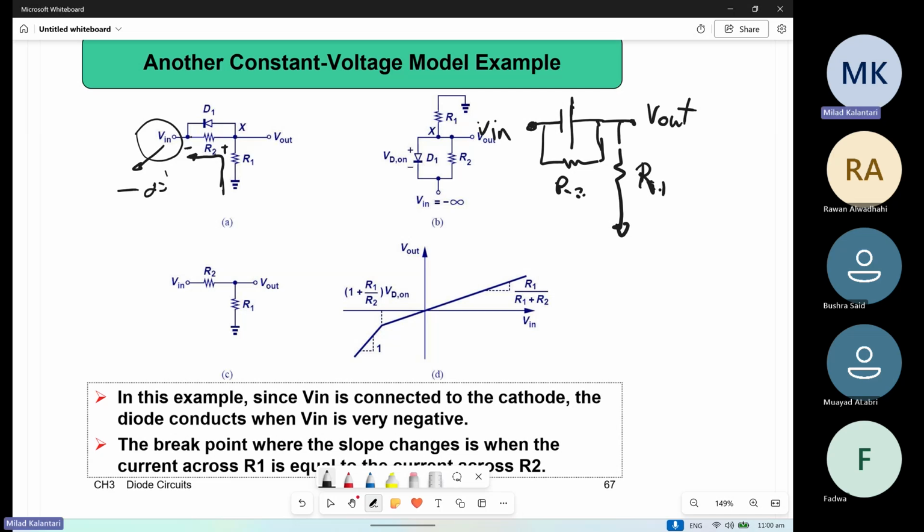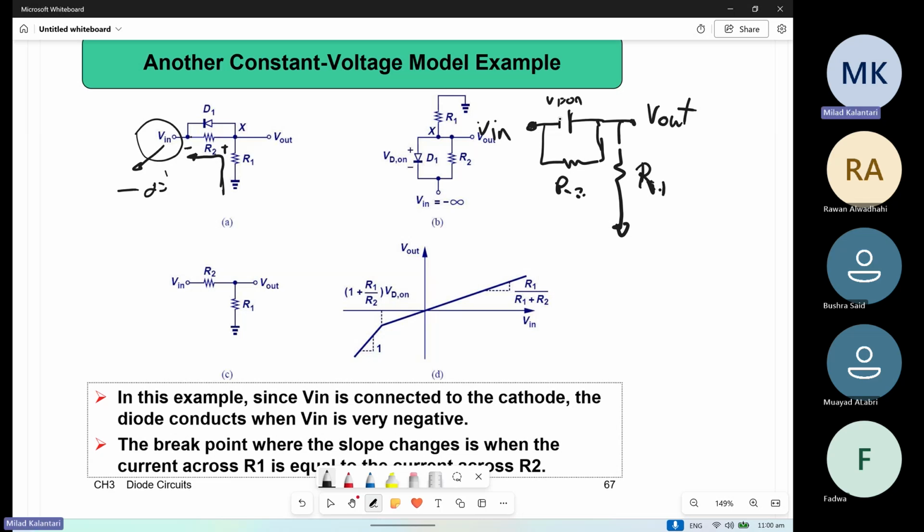Oh, sorry, I drew the wrong direction. Yeah, correct. VD on. So how is the Vout versus Vin in this circuit? Can you tell?